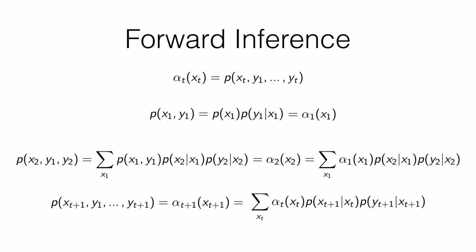So you sum those all up and marginalize out xt, and you're left with the probability of xt plus 1. So that's the forward procedure.